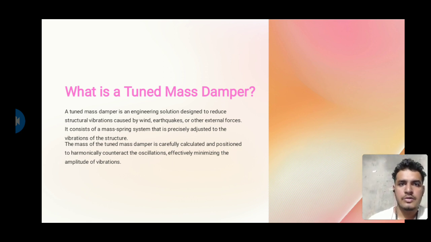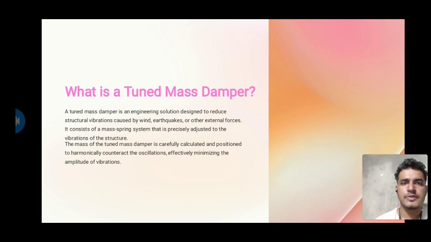A tuned mass damper is an engineering solution designed to reduce the structural vibration caused by wind, earthquakes, or other external forces. It consists of a mass-spring system precisely adjusted to the vibration of the structure.